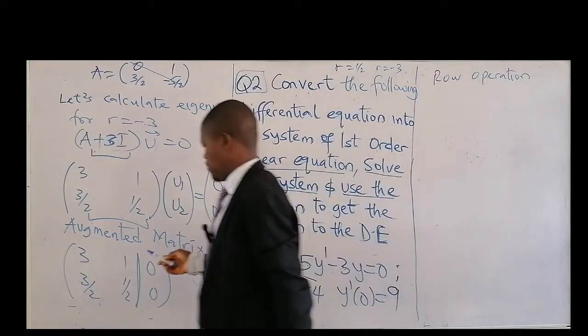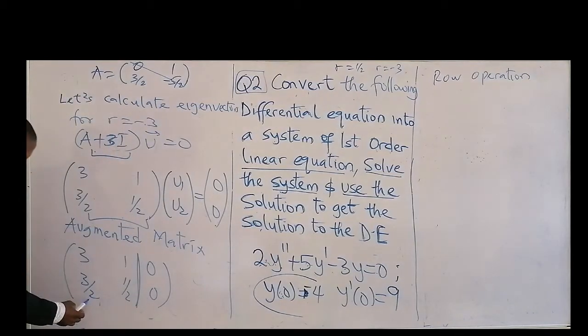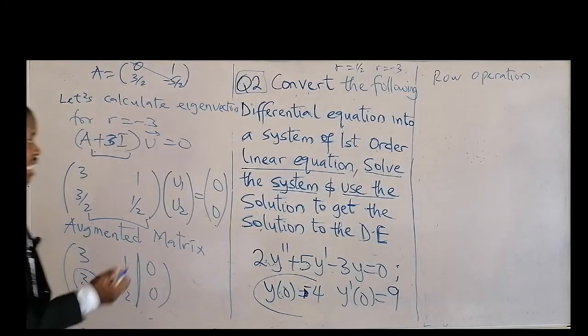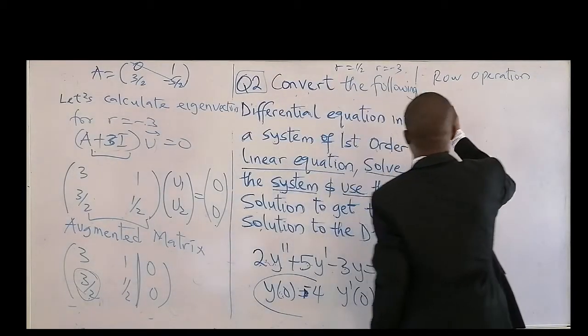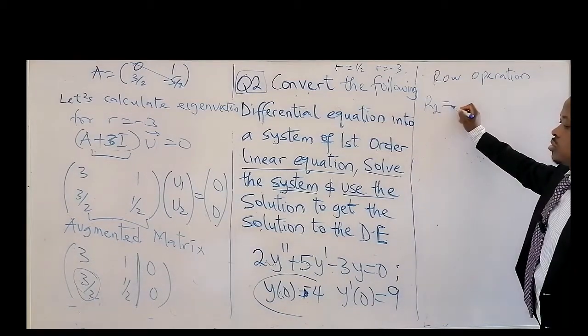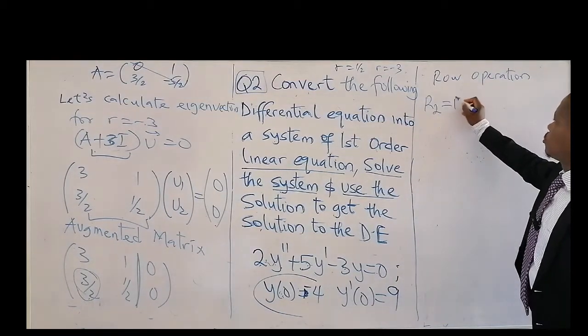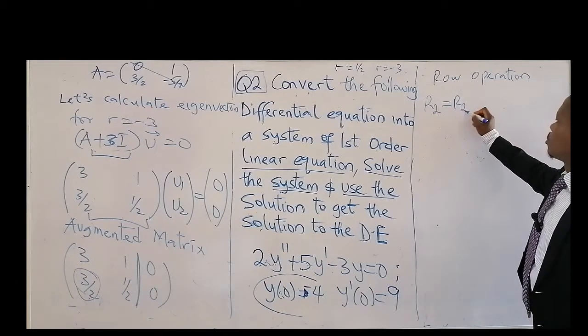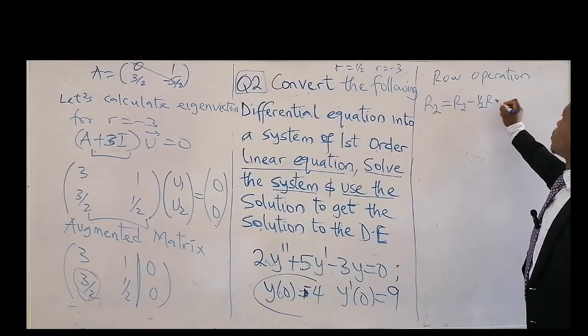Then the row operation. What we want to achieve is to ensure that at least on the second row we have 0 here. So how do we do that? That will be row 2 equal to row 2 minus 1 over 2 row 1.